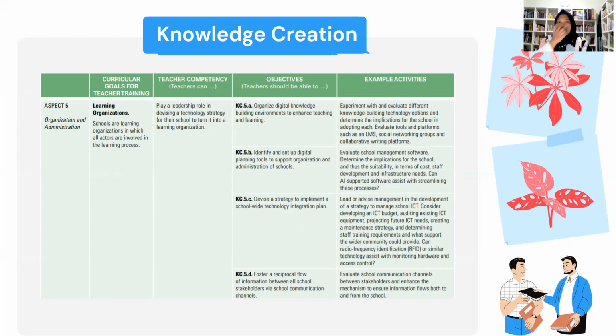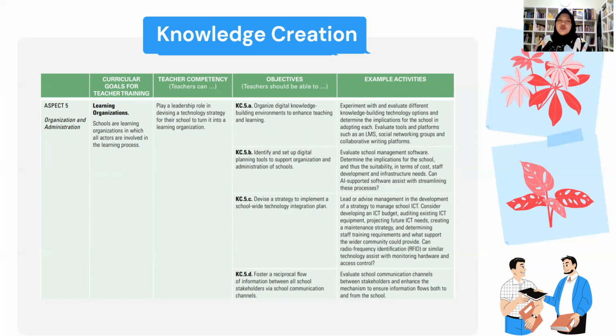The next one is to identify and set up digital planning tools to support organization and administration of schools by evaluating school management software, determining the implications for the school and thus the suitability in terms of cost, staff development, and infrastructure needs.